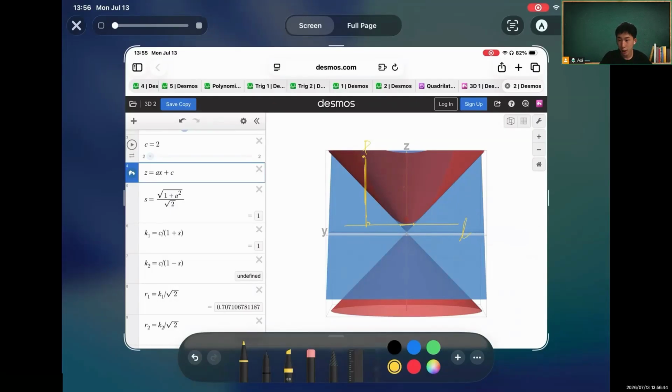So what is the length of PQ? Well, remember, both P and Q are on the blue plane. So the angle between PQ, that looks like this, and the xy plane is going to be theta. The angle between PQ and the plane where L is positioned is going to be theta.